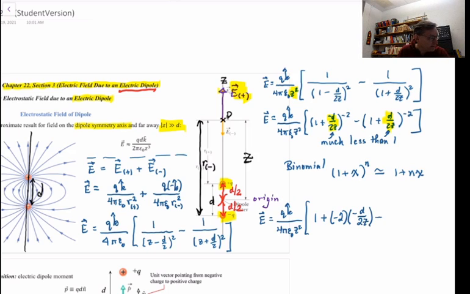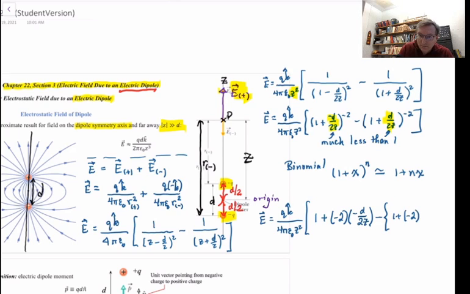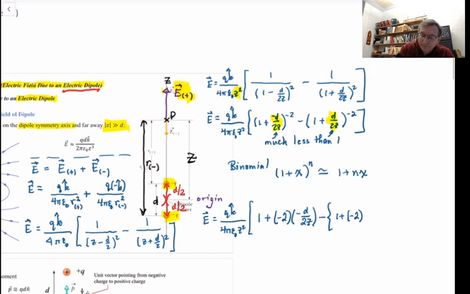Then I have minus. Now I'll apply the binomial approximation to the second binomial. I'll use curly brackets. 1 plus n negative 2 times x, d over 2z, close curly bracket, close square bracket.